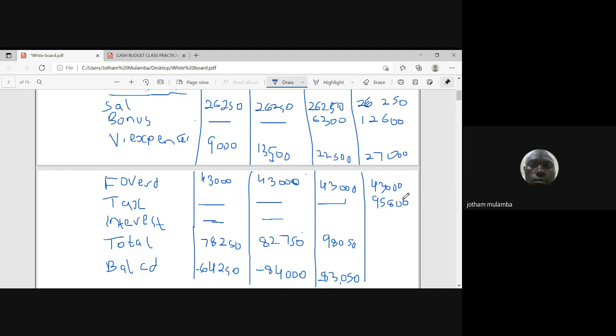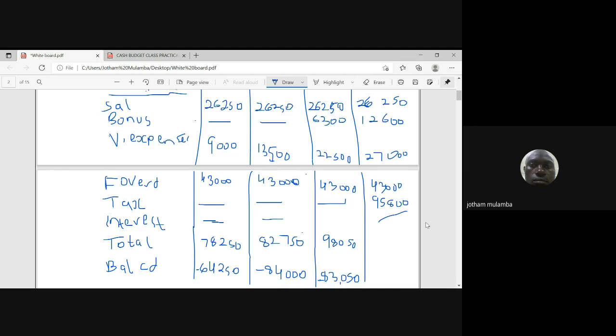Interest. We were to record interest in March and we omitted it, but let's calculate and write it. We will have a small adjustment on our figures. So what percentage of interest do we pay?